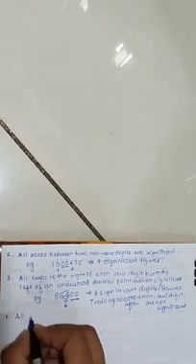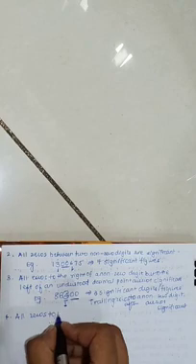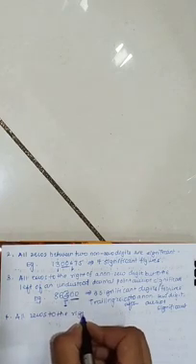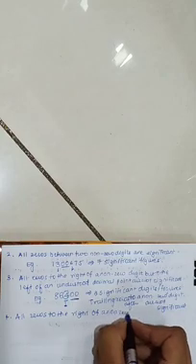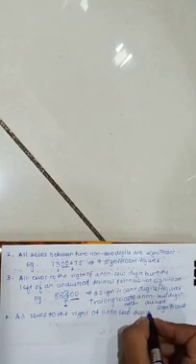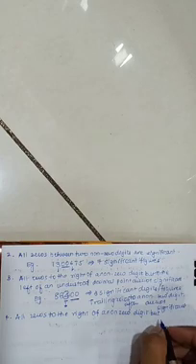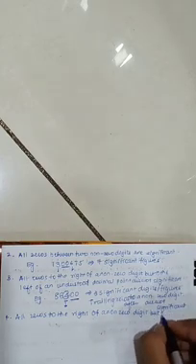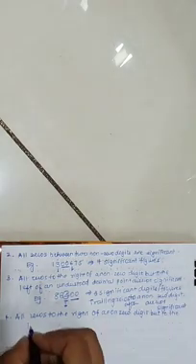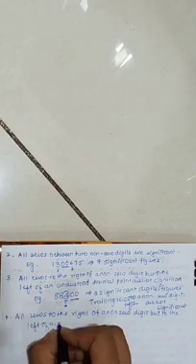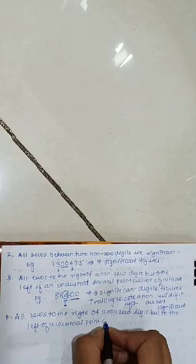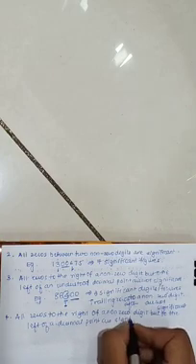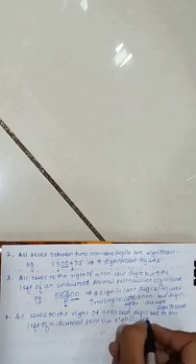All zeros to the right of a non-zero digit, but to the left of a decimal point, are significant. Suppose this same example I can carry forward over here.